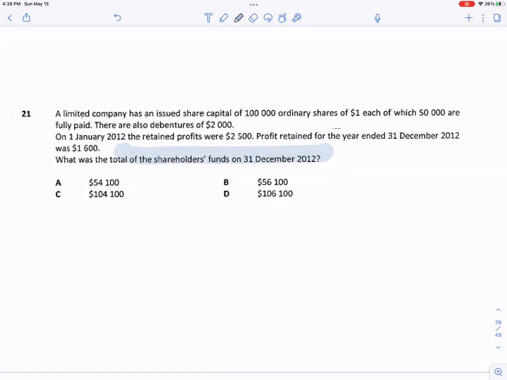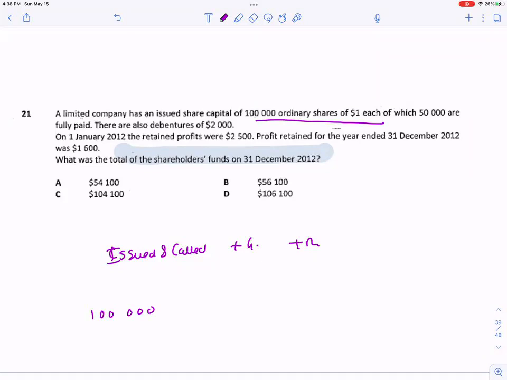What is shareholders funds made up of? Issued and called up capital, then general reserve and retained earning. So issued capital will be 100,000 into 1, of which 50,000 are fully paid.